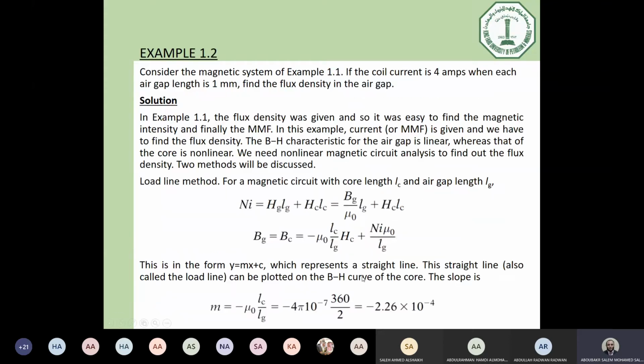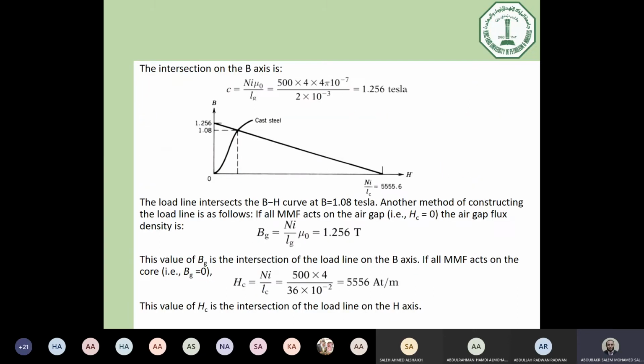In the next example, it's assumed that the current was 4 amps, so it's less than the previous case, and you can see here the air gap length became 1 millimeter. So it's directly proportional to each other. Fine.